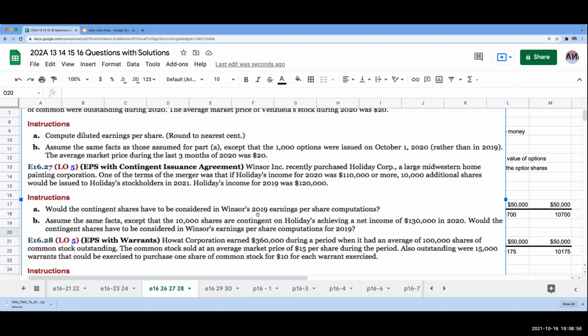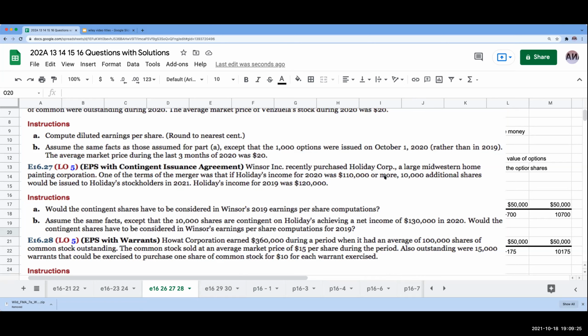Now this first part over here is, would the contingent shares have to be considered in Windsor's 2019 earnings per share computations? And the answer that they're giving is yes. They're taking the position that they would need to be included, because they're already meeting the income threshold. However, there could be counter arguments to that.